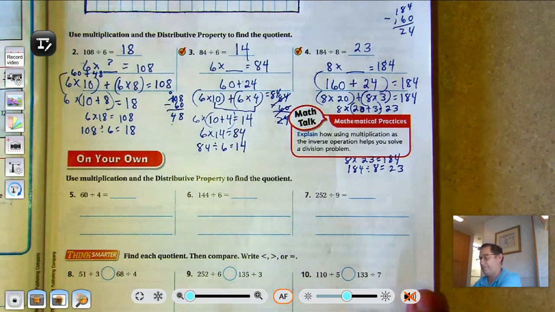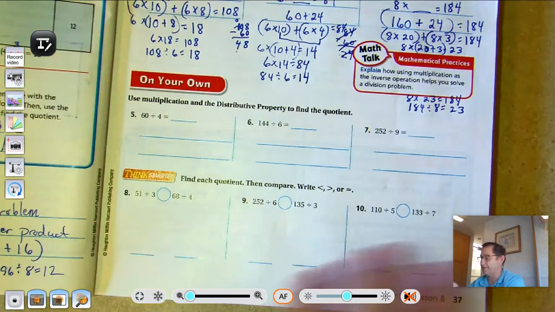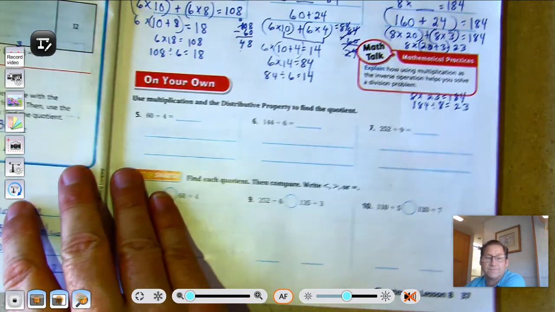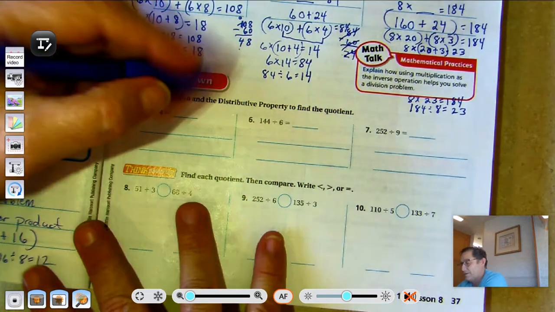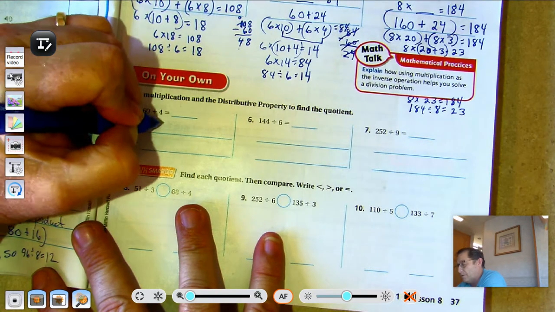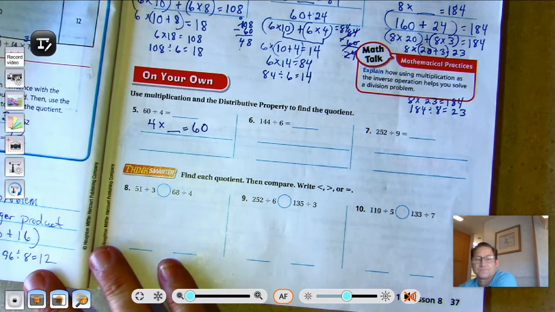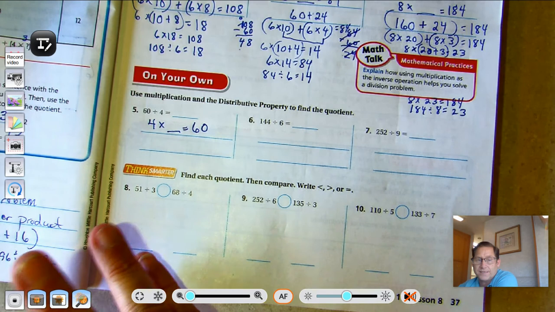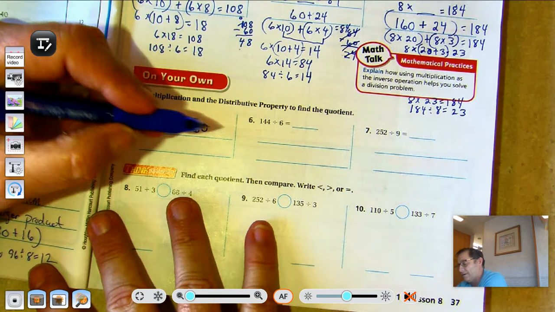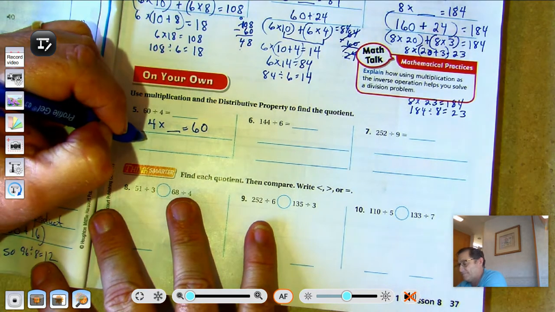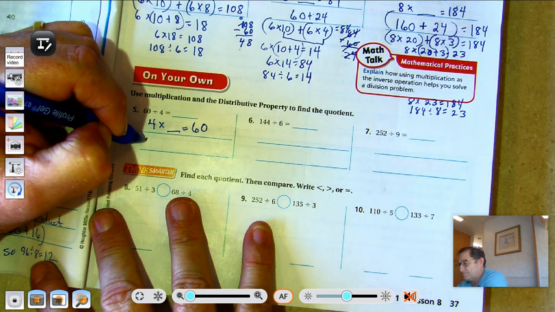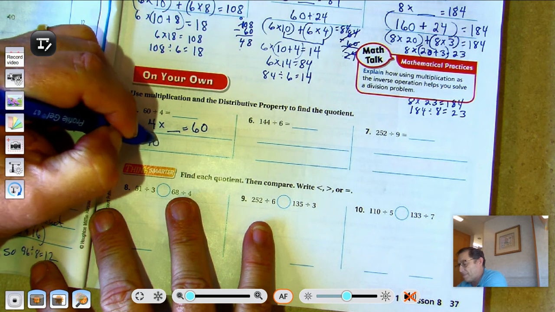All right, number 5. Use multiplication and the distributive property to find the quotient. 60 divided by 4. 4 times something equals 60. Well, 4 times 10 is 40. So I'm going to start there by taking away 40 from 60.